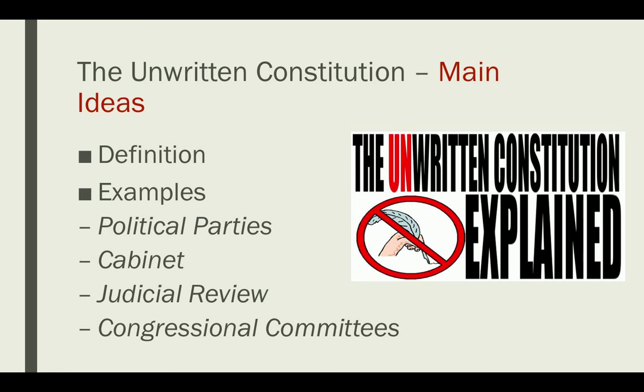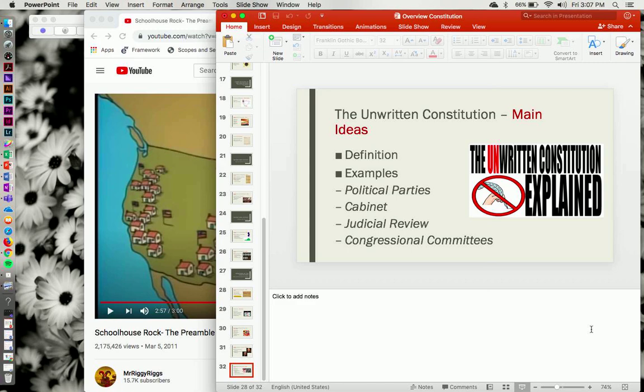But it's something that made the process of writing a bill more efficient. So it's something we've utilized, it was successful, and we've held on to it ever since. The unwritten Constitution is all about tradition and custom that works, that makes this system run more efficiently.